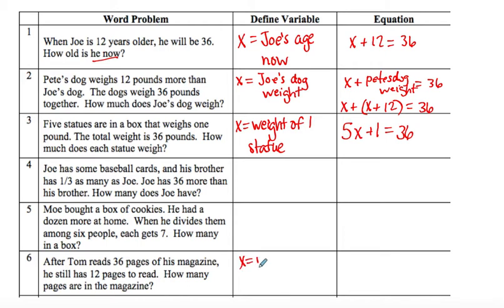So x is the number of pages in the magazine. Okay. So if I had the number of pages in the magazine and I say he's read 36, so the number of pages minus 36 would be how many he has left to read, which would be 12. That would be the equation.